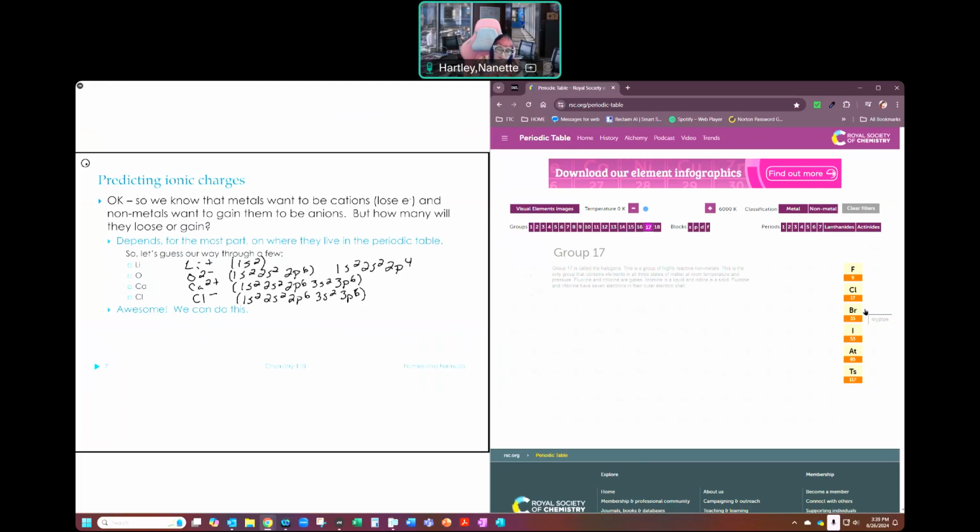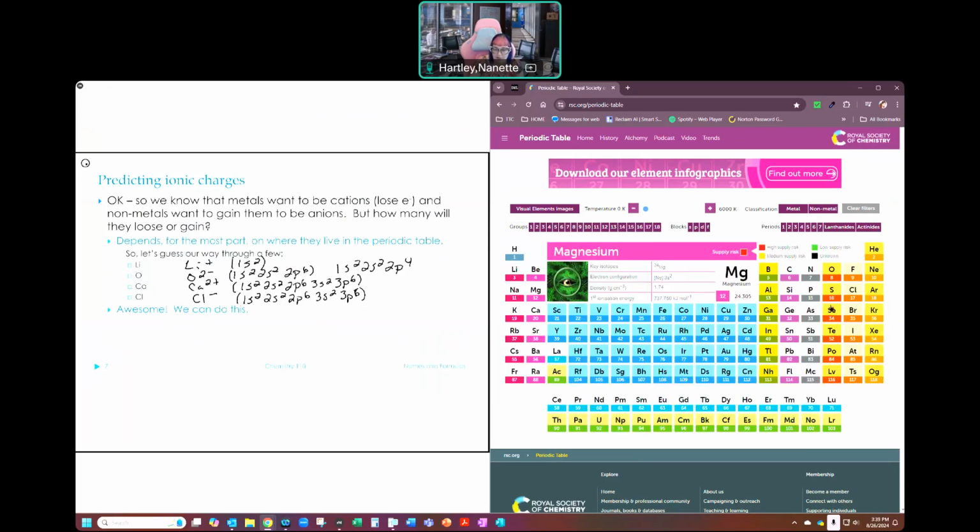Questions about that? So hopefully not. That's what we're trying to do. Remember, you're always trying to get to be the nearest noble gas. The question becomes, which is the easier way to do it? Now, again, not everything can do that. Carbon has a really hard time because he's either going to have to pick up 4 or lose 4. And neither one of those is very easy for him to do. So it's not very common that he's going to lose either one.